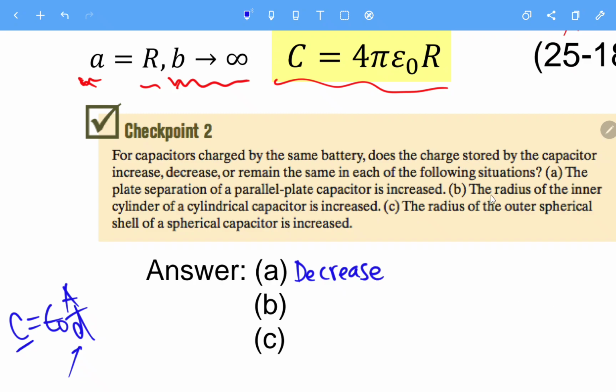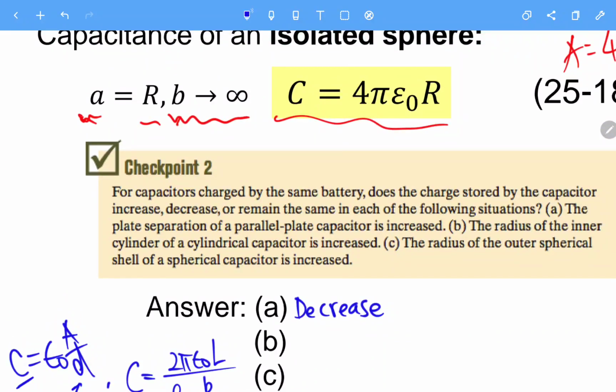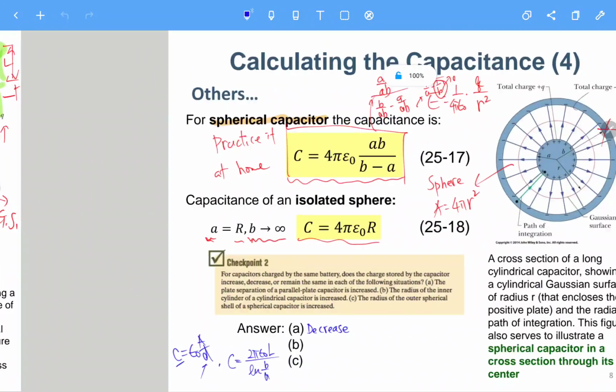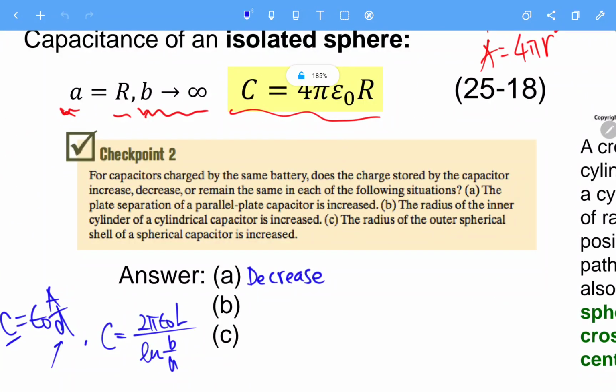For the second one, the radius of the inner cylinder of a cylindrical capacitor is increased. For this one, C is 2 pi epsilon naught L over the natural log of B over A. Remember correctly? Yes.